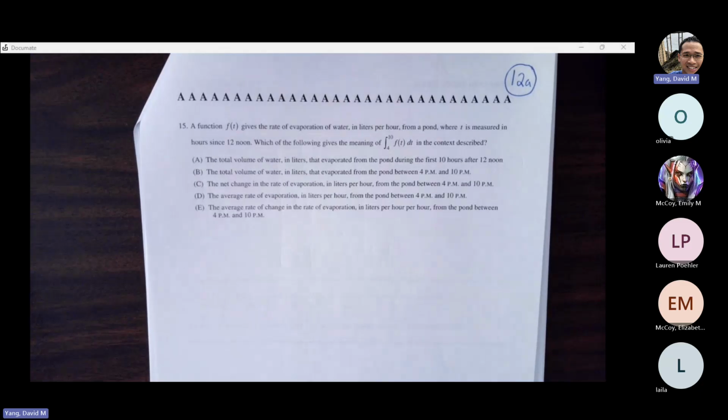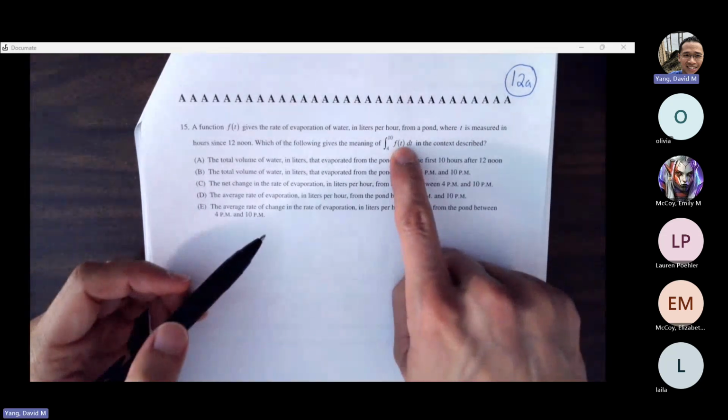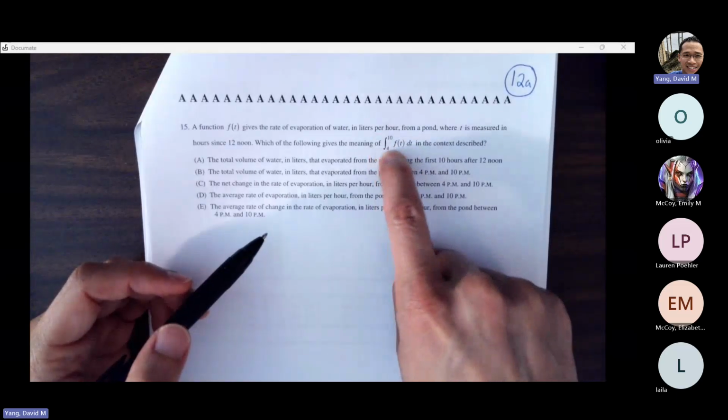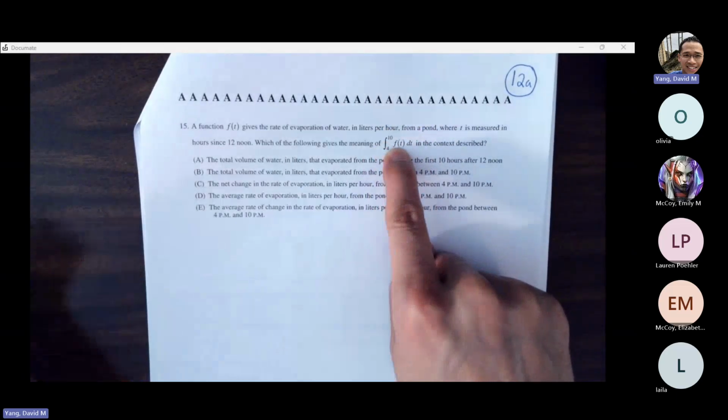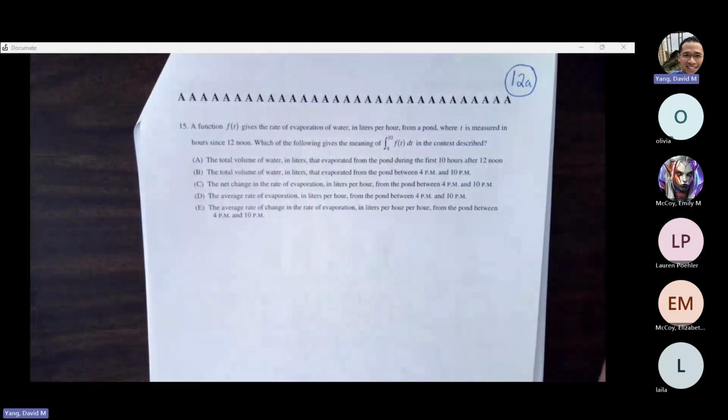So f of t is the rate of water evaporation. So we know if we're talking about a rate, then if we accumulate that rate over a period of time, then we're talking about something in terms of the amount of water.